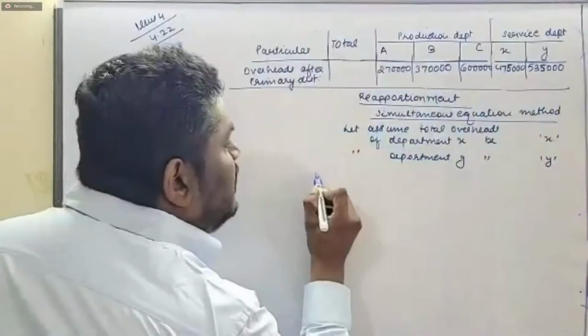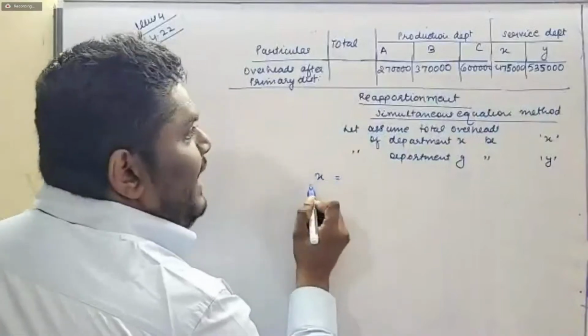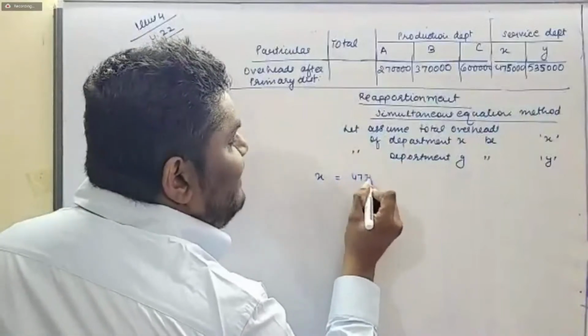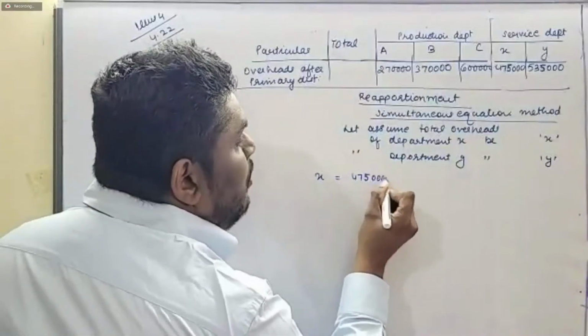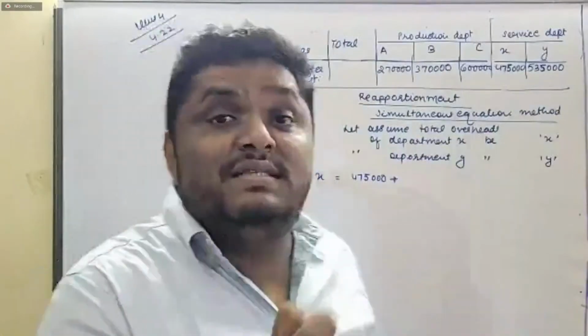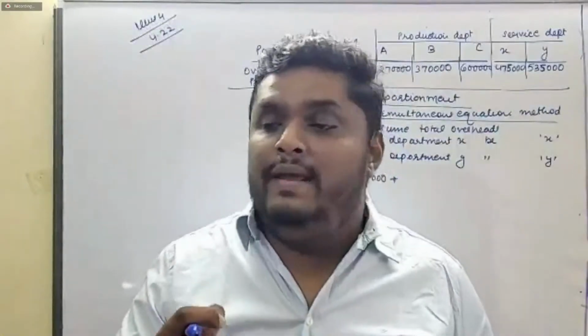So what will be the total overheads of service department X? X will be equal to 4,75,000 plus a certain percentage of Y.